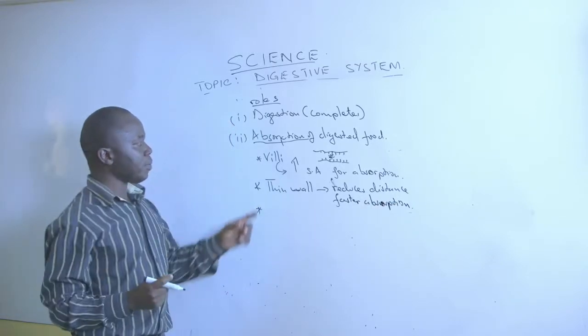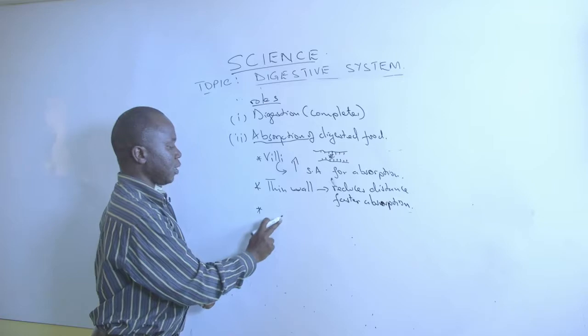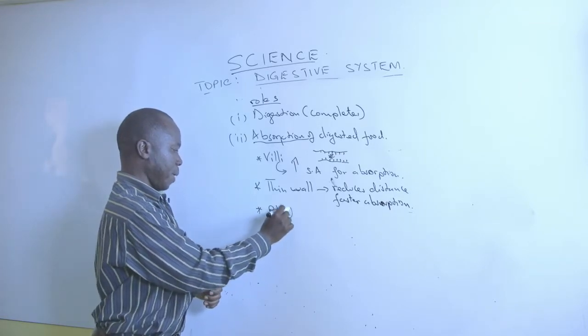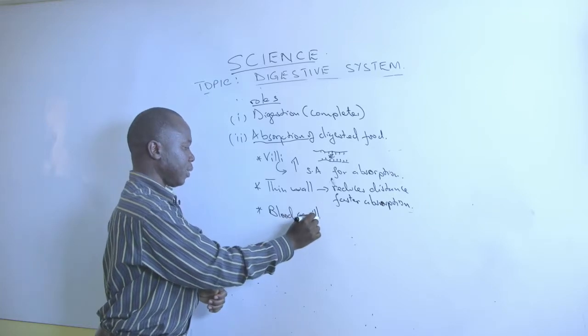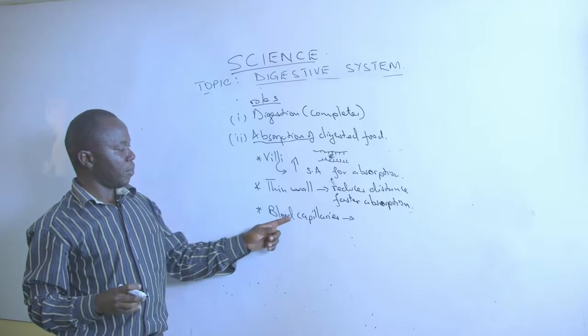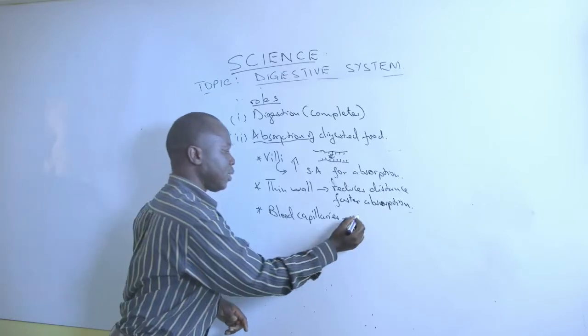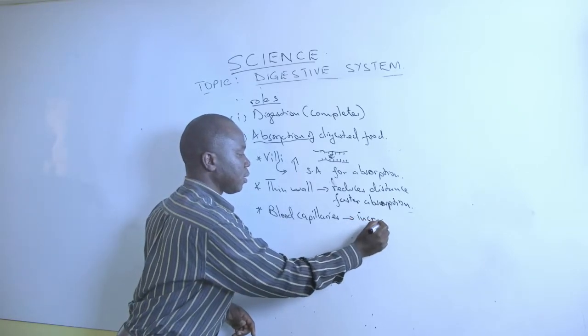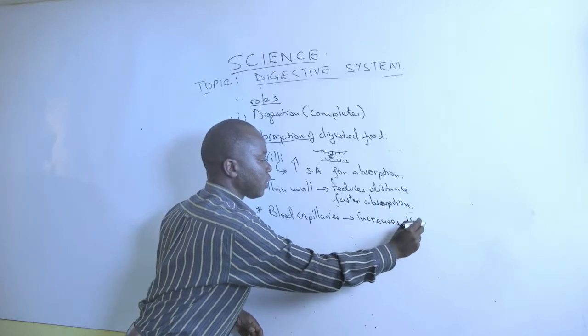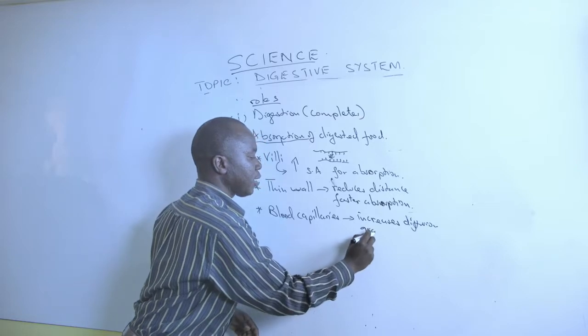And then again, a very important structure of the ileum is that it is well supplied with blood capillaries. There are very many blood capillaries. Where we have many blood capillaries, it increases the diffusion gradient.